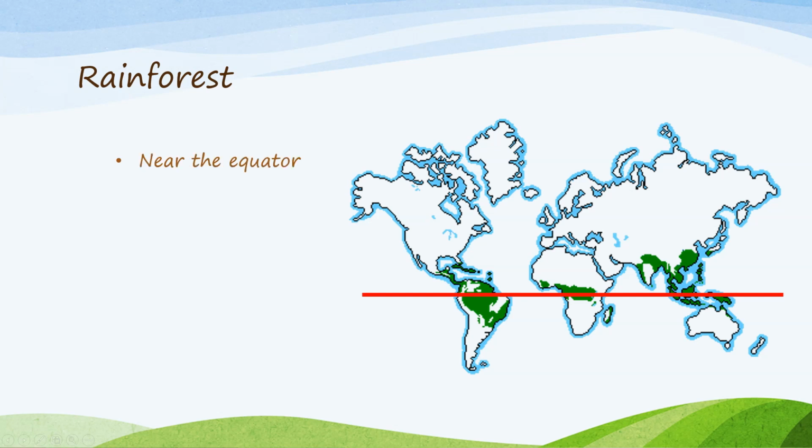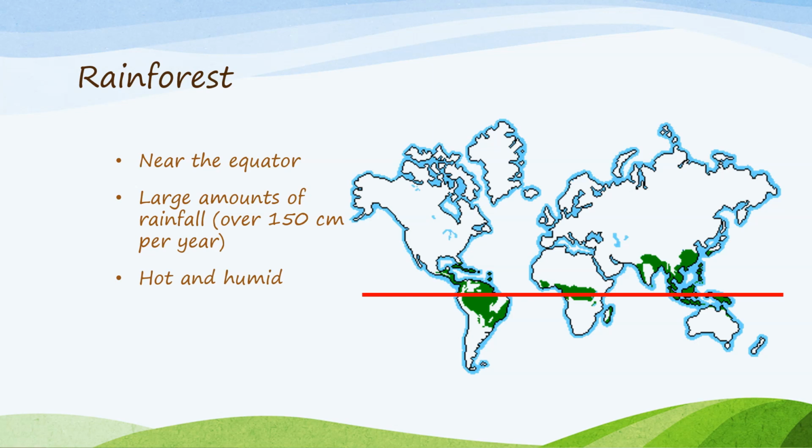So rainforests are typically located near the equator. They also have large amounts of rainfall, over 150 centimeters per year. And imagine this is why it's called a rainforest. It is a forest that has a lot of rain. Also, rainforests tend to be very hot and humid.